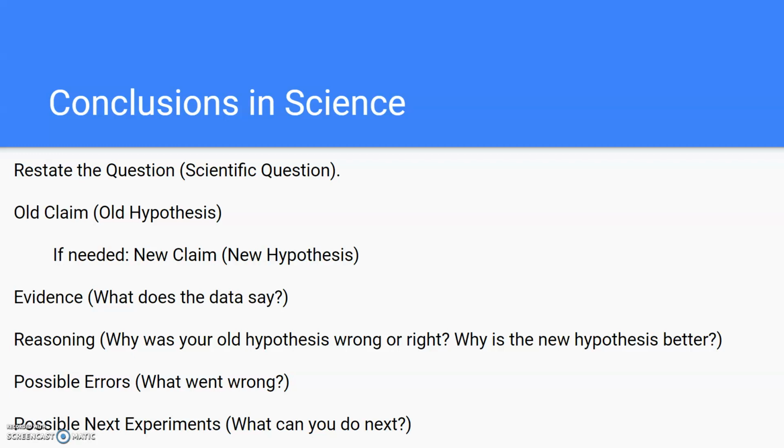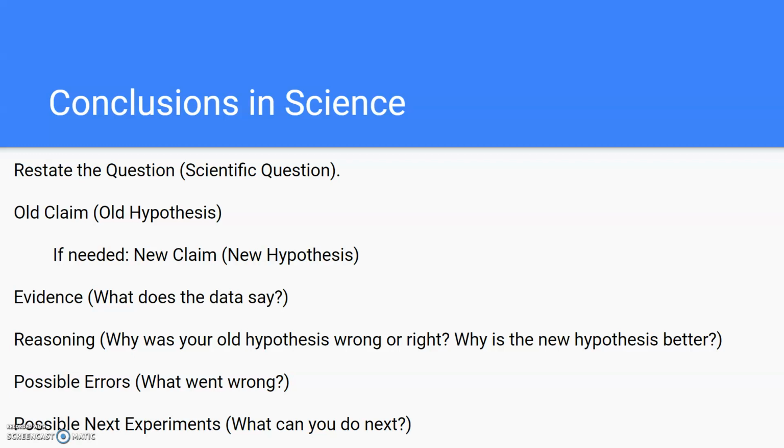This is where it gets a little different from ELA, where maybe you restate the question in ELA and then you answer the question with a claim. We are going to restate the question and answer the question with our hypothesis, right? So our old claim is the old hypothesis, and if we need one, we can make a new claim or a new hypothesis that answers the same question.